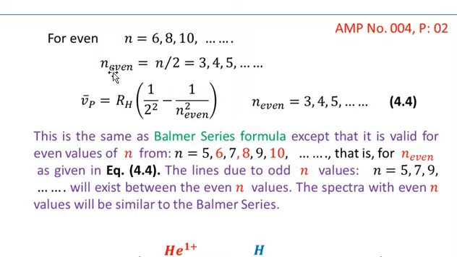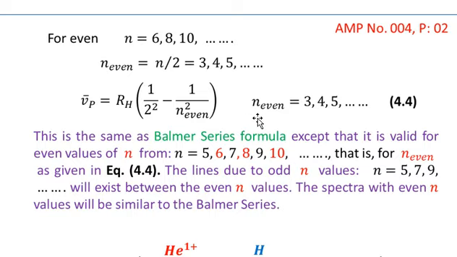So you can recognize that the formula given in equation number 4.4 is nothing but the same formula as for the Balmer series of the hydrogen atom. But here we have chosen only a selective number of principal quantum numbers, which we have regarded as n even. But in principle, they are 3, 4, 5, and so on.